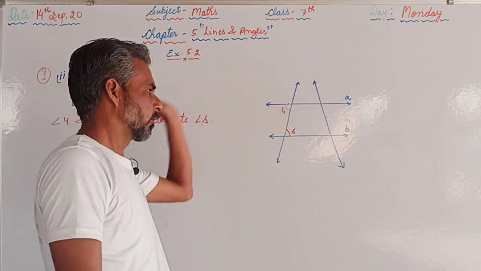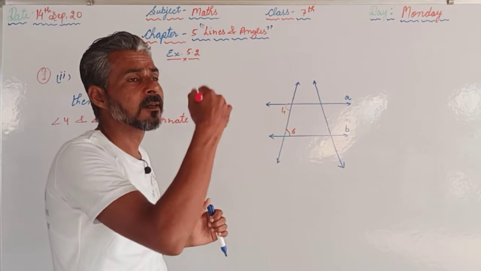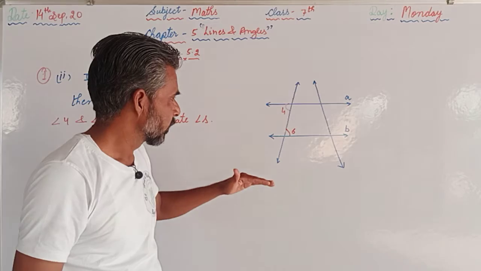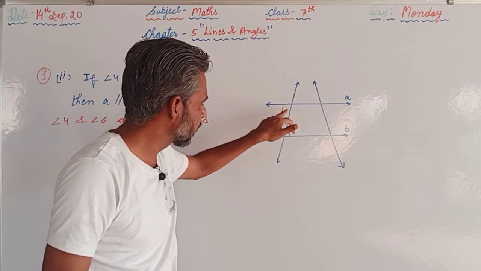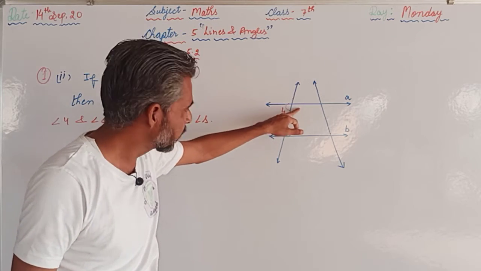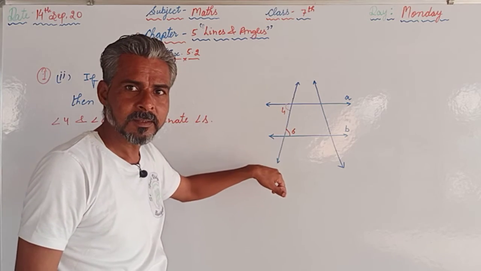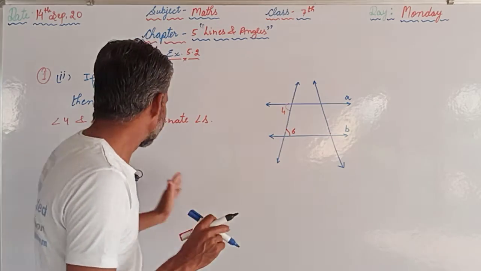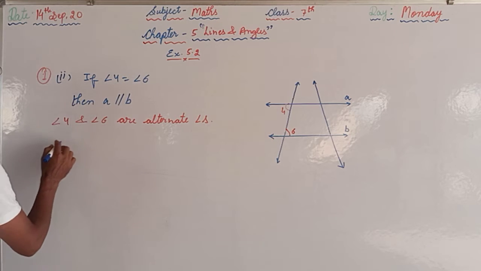Means one is on the left hand side of the transversal and one is on the right hand side of the transversal, and one is above and one is below. These two angles, angle 4 and this angle, cannot be alternate angles, because that will be the linear pair angles. But diagonally, these two angles are on the other side. So these are called alternate angles, and if alternate angles are equal, then lines will be parallel.